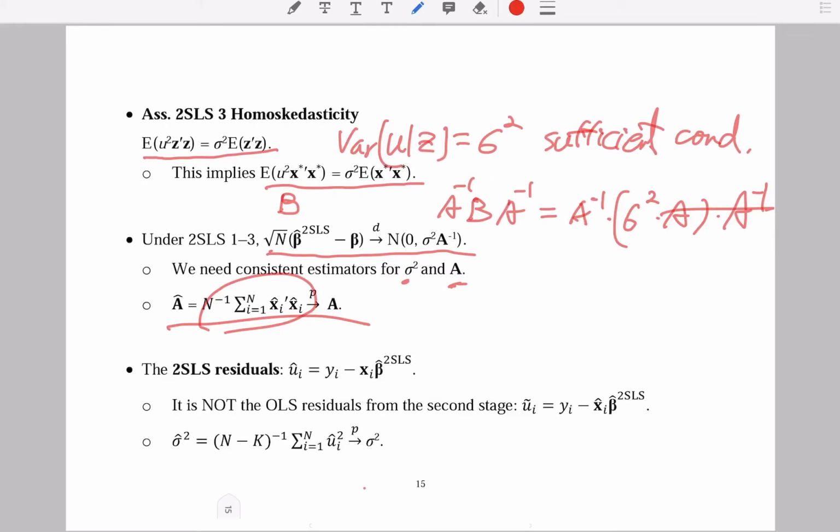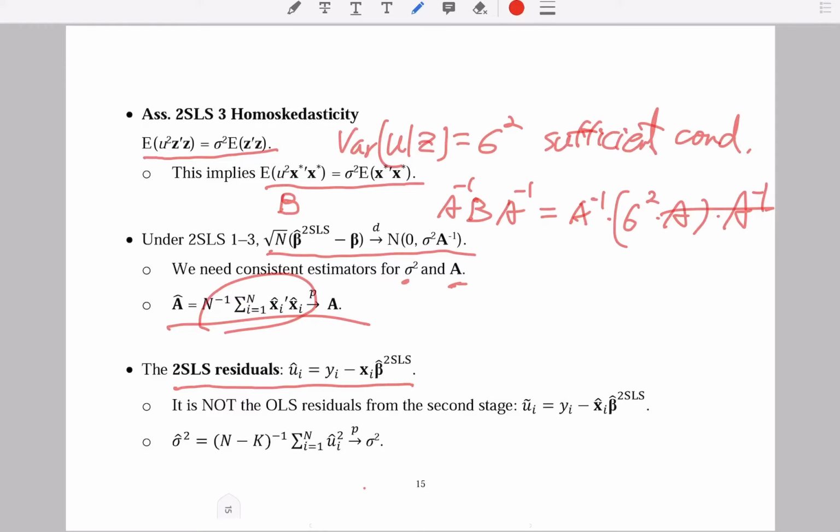The tricky part is the sigma squared. To estimate sigma squared, first we need to define the two-stage least squares residuals, which is yi minus xi times beta hat two-stage least squares.